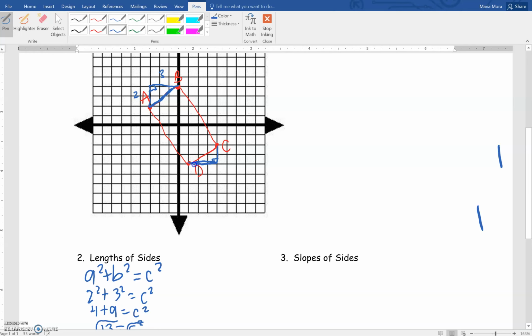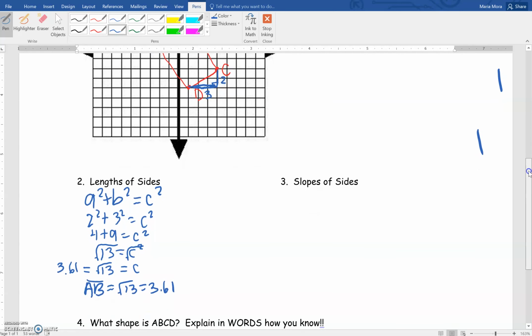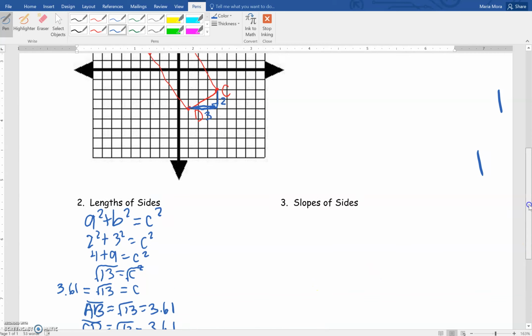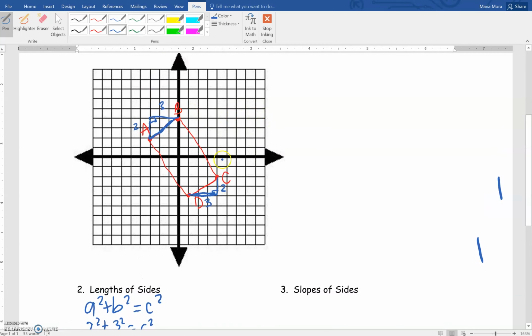And this leg measures 3 and that measures 2. So it is the same triangle, and so the hypotenuse should be the same. So CD, line segment CD, measures the same thing as AB, but I'm going to write it down. And I'm going to find the side lengths of BC and AD.